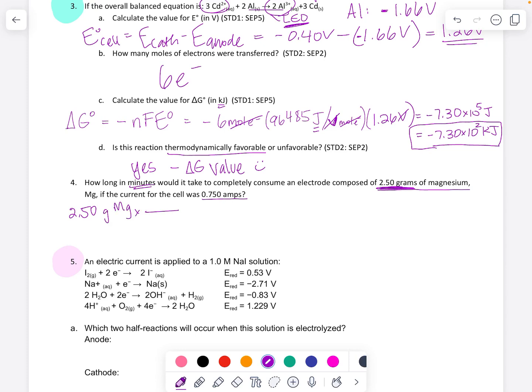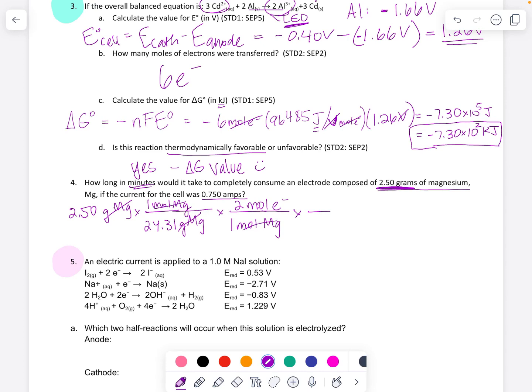I know that for every 1 mole of magnesium, it is 24.31 grams. Okay. Then I know that for every 1 mole of magnesium, I will produce 2 moles of electrons because they form a +2 ion.